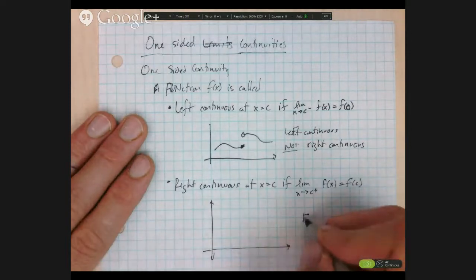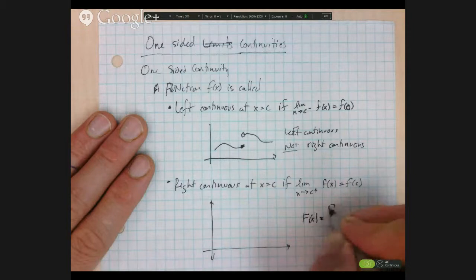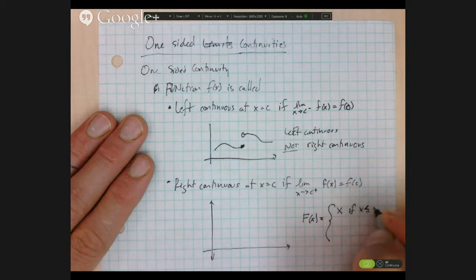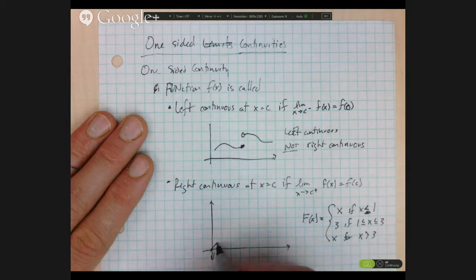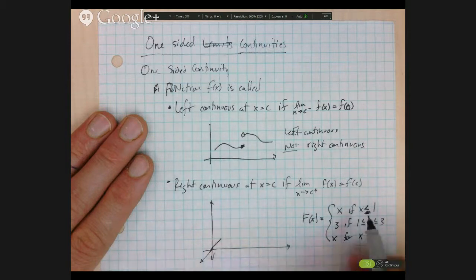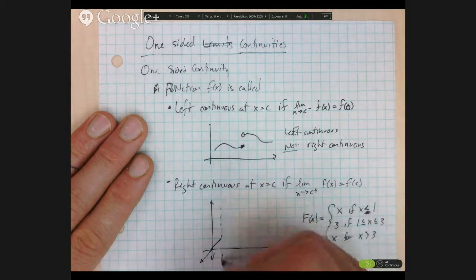Let's give you a piecewise function. Let's make that less than 1, 3 if 1 ≤ x ≤ 3, x 4. So we're going to take this function, y-intercept is 0, slope is 1, but we're only going to define it for less than 1.